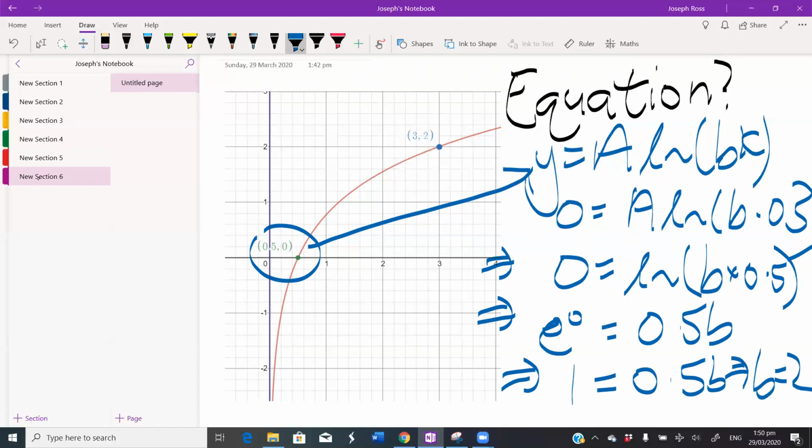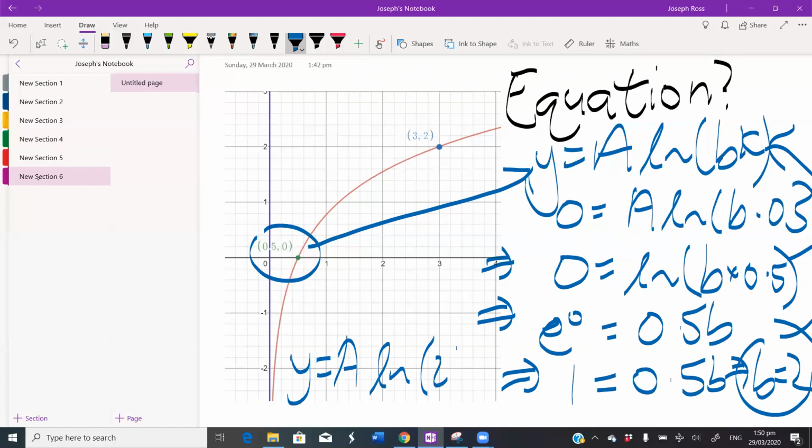So if we put b equals 2 back into a ln of bx, we get y equals a ln of 2x. That's our equation so far.